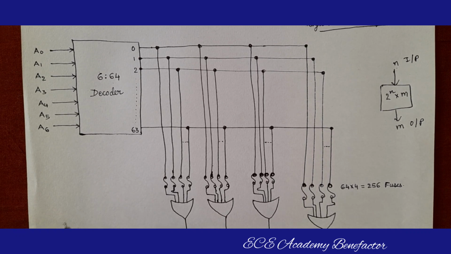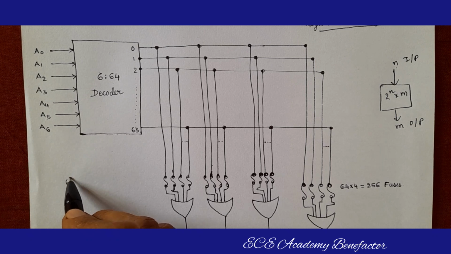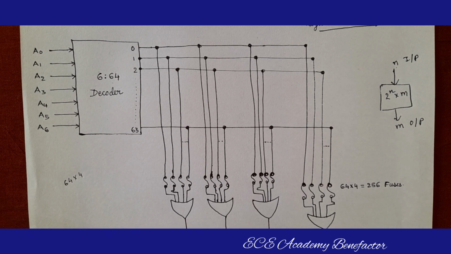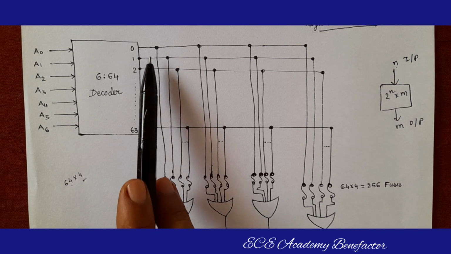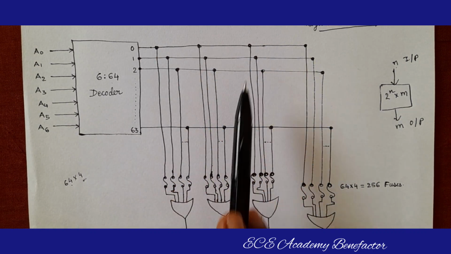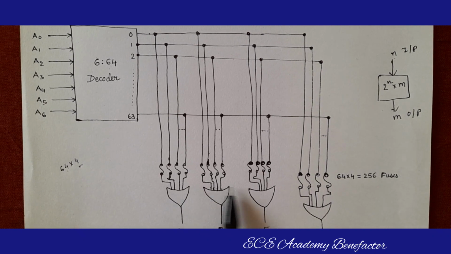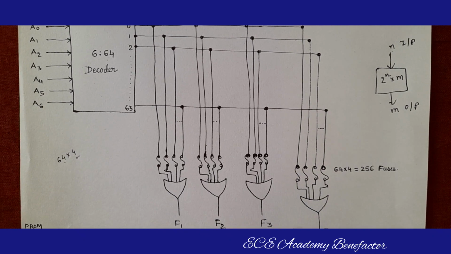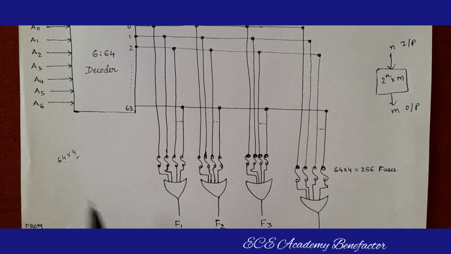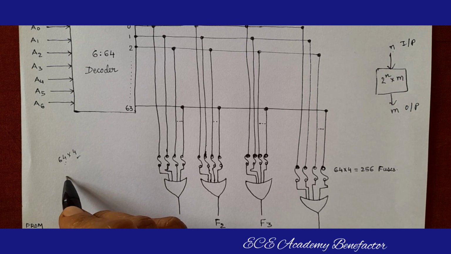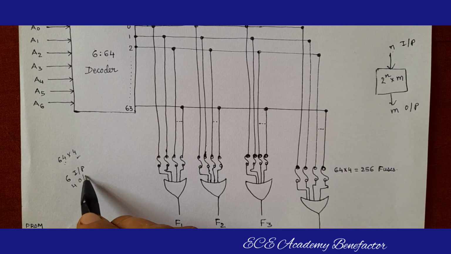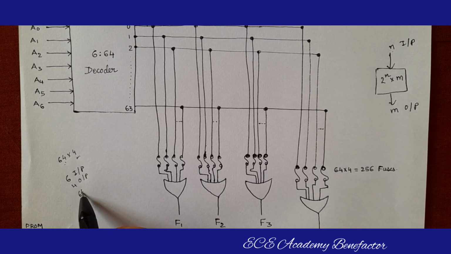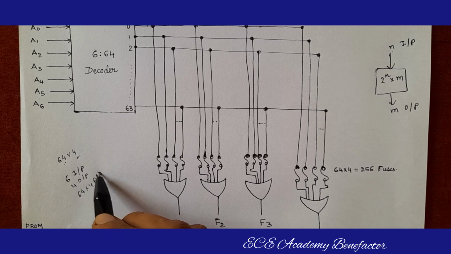The logic construction is 64 cross 4, so we need 4 output lines. To the output of the decoder we need to connect 4 OR gates. So, 6 input lines and 4 output lines to draw 64 cross 4 PROM.